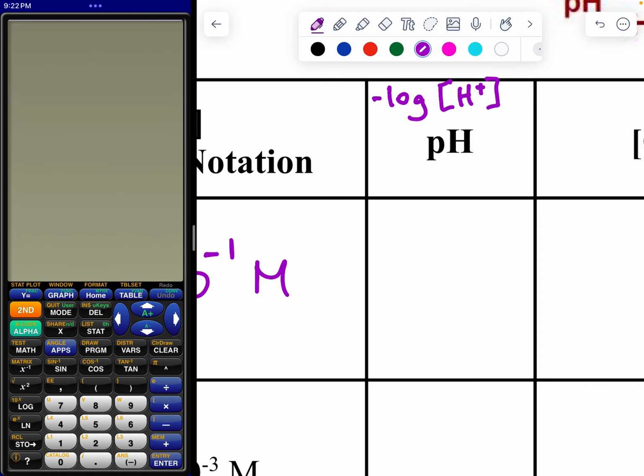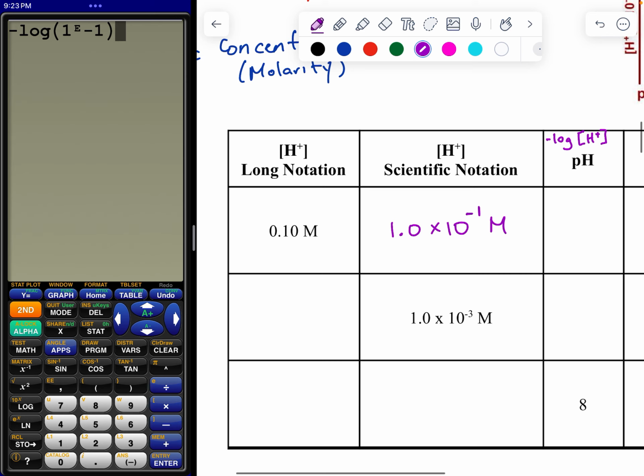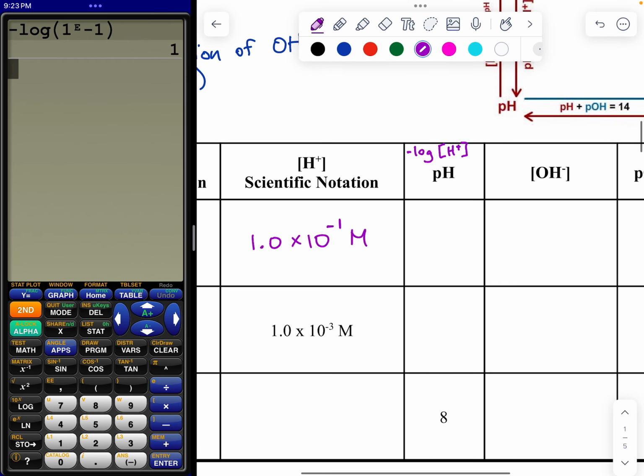So if I know the concentration value, then I should be able to just type into my calculator, like I will here, negative log of 1 times 10 to the negative 1, or you can put 0.1, it does not matter, and then I plug it in, and I get a pH of 1.